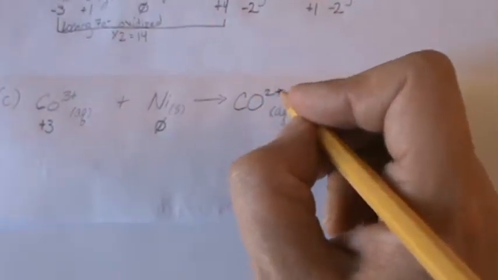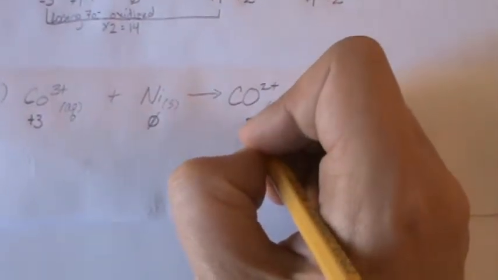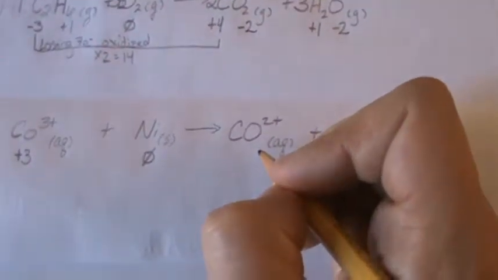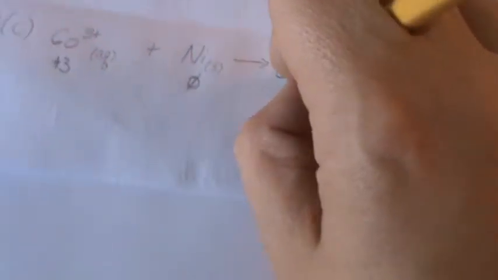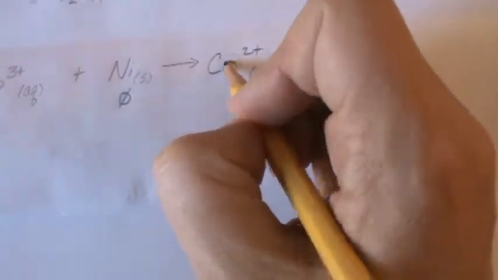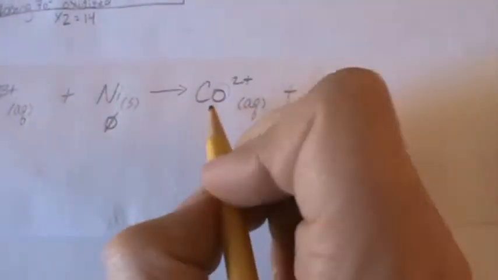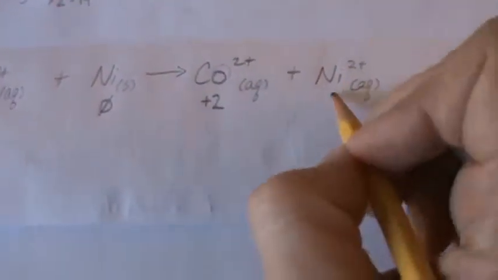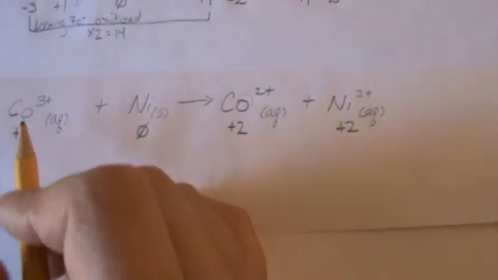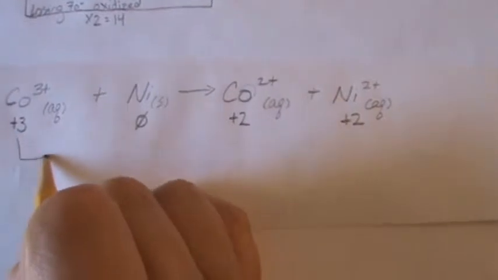I wrote that incorrectly. That's not CO2+, that's cobalt 2+. There we go. So now our cobalt is a +2, and our nickel is a +2 because it matches the ion there. Let's see what's happening.